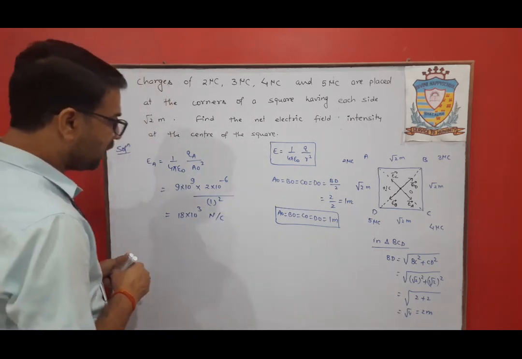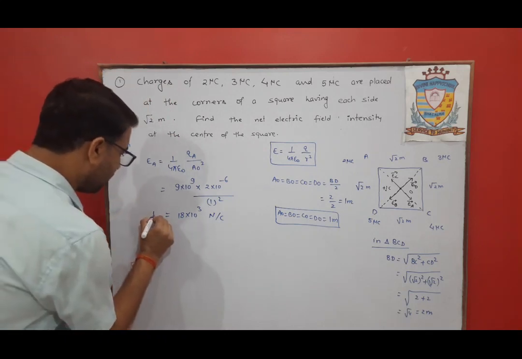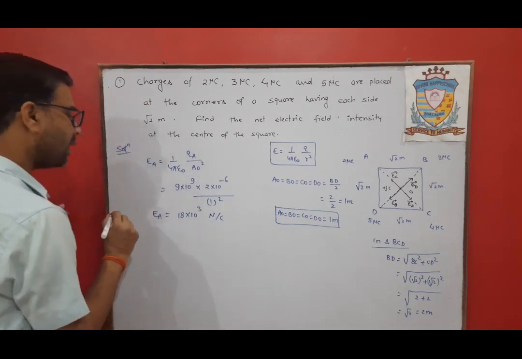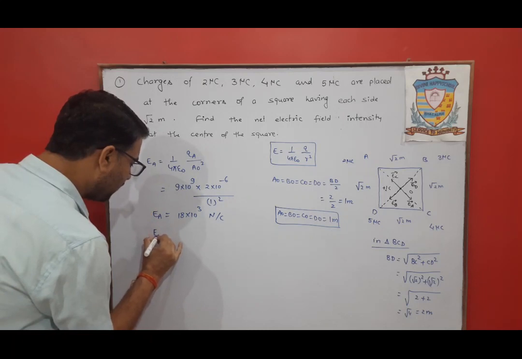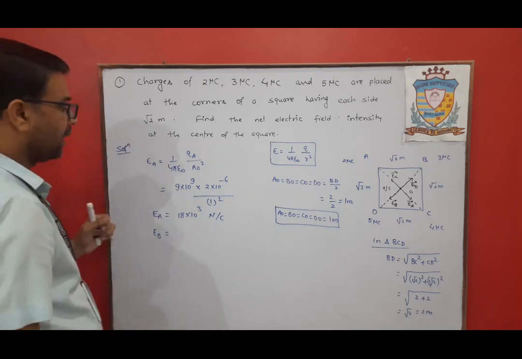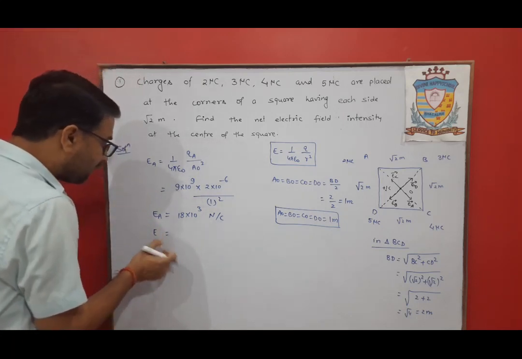Clear? This is the value of EA. Now similarly we can calculate EB, or first we will calculate the value of EC.